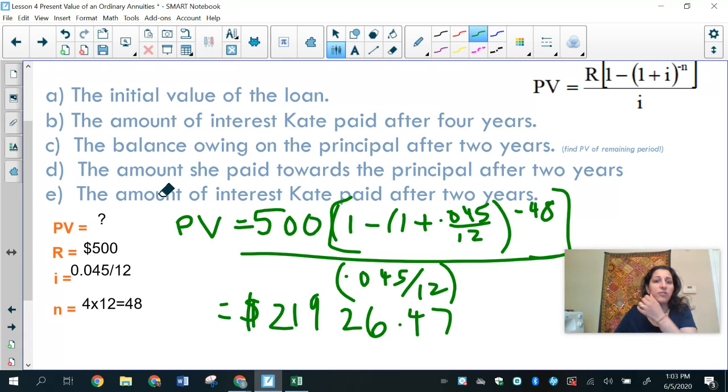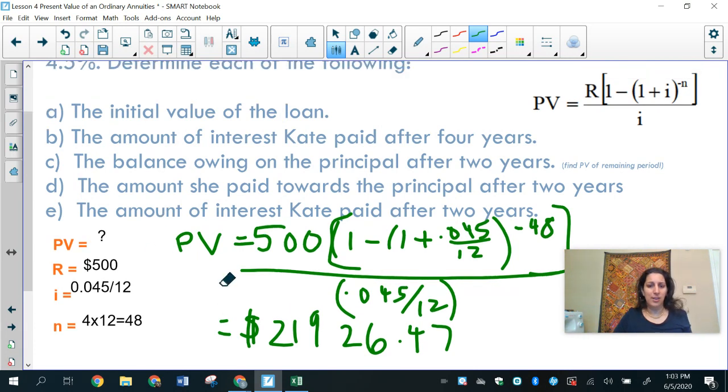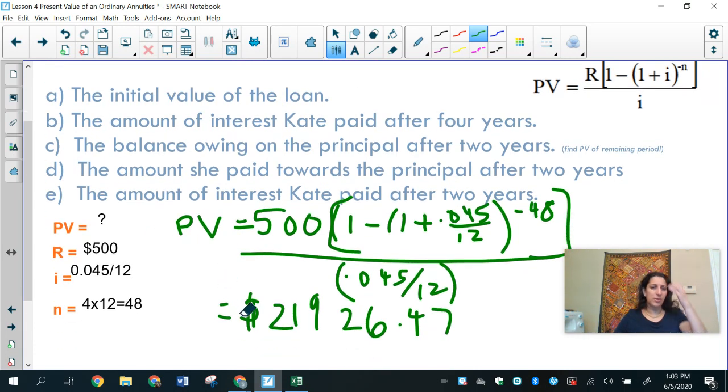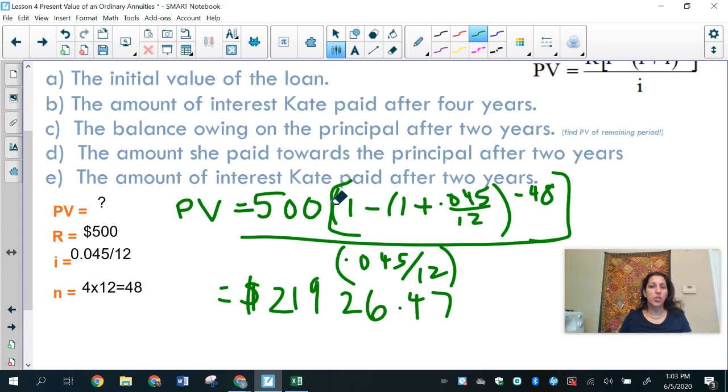So that is the initial value of the loan. So she must have gone into the bank 4 years ago and said, I need $21,926, please. That's what they lent her. Then she started to pay off $500 every month for the next 4 years. How much interest did she pay after those 4 years? So we need to figure out what the difference is between how much she paid, $500, 500, 500.